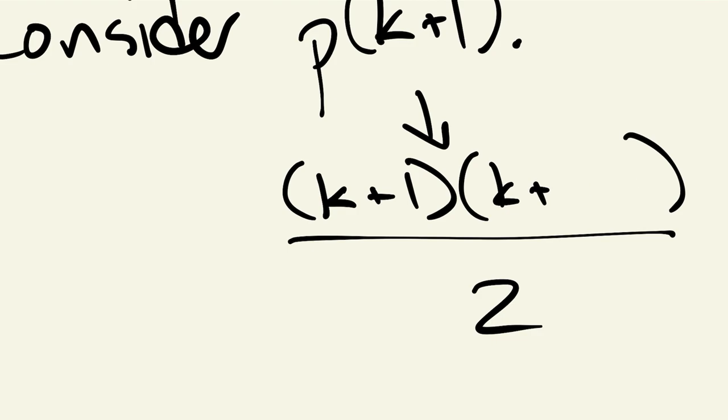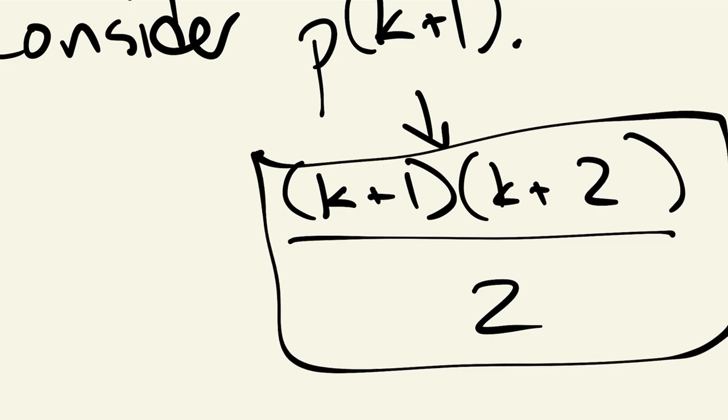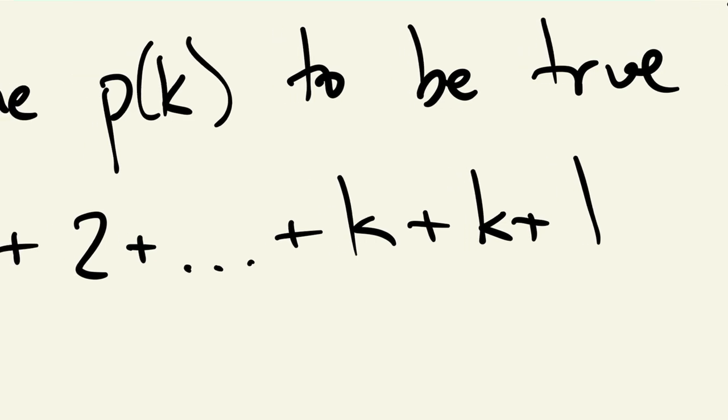This is k plus 1 times k plus 2 over 2. So this is what we want to show we can build, because if we can build this under the assumption that the previous term is true, we know that whenever P of n works for a term, then it works for the next term. And then we know that it works for this term now, so then we can do it for the term after that, and that's where the domino effect kind of happens, right?